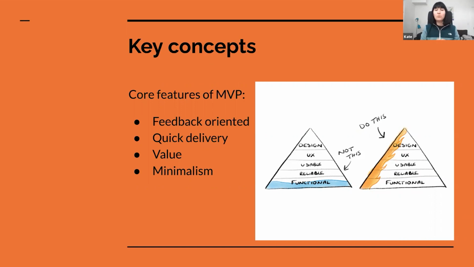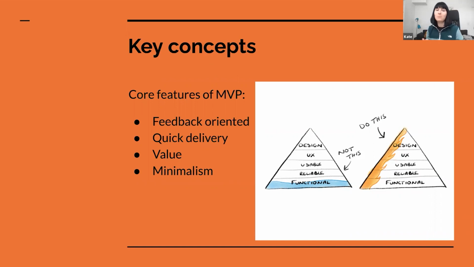So the next bullet point is value. The product you ship should be solving a customer problem. A wheel doesn't do that for the previous example. You don't want to ship something that in theory is awesome, but that in practice doesn't have any value to your end users. And then last but not least is minimalism.